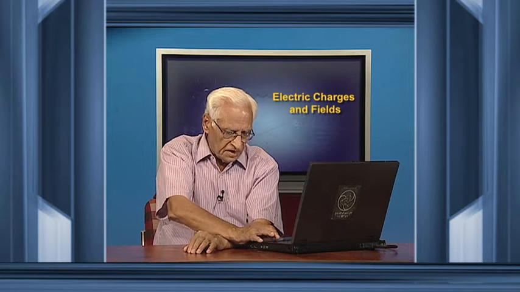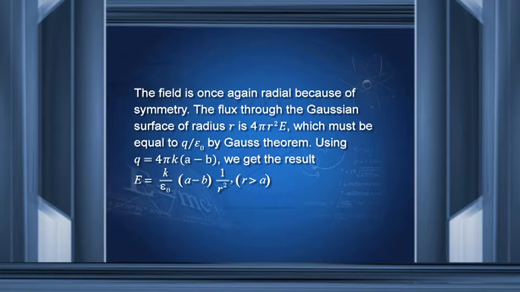And now, we will find the field inside and outside. The field is once again radial because of symmetry. The flux through the Gaussian surface of radius r outside the sphere must be equal to q by epsilon 0, so 4 pi r squared E equals q by epsilon 0. Q is the total charge, which is 4 pi k times a minus b.